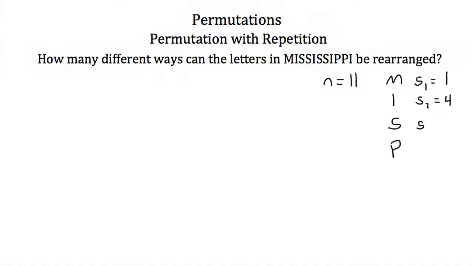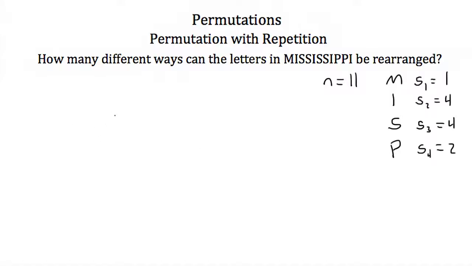If we say S3 is the number of S's that we have in Mississippi, well then S3 is also equal to 4. And then lastly, S4, that's the number of P's that we have to rearrange when we rearrange the letters in Mississippi. Well, there are 2 P's, or P occurs twice. So S4 would be 2.